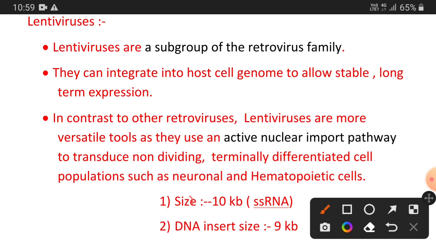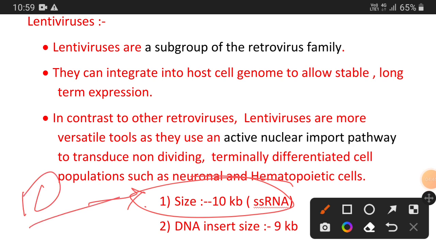That is why lentivirus is considered a more versatile tool among all the other kinds of retroviral vectors available. The size of the genome is equal to the retrovirus, because it is a subgroup of retrovirus.